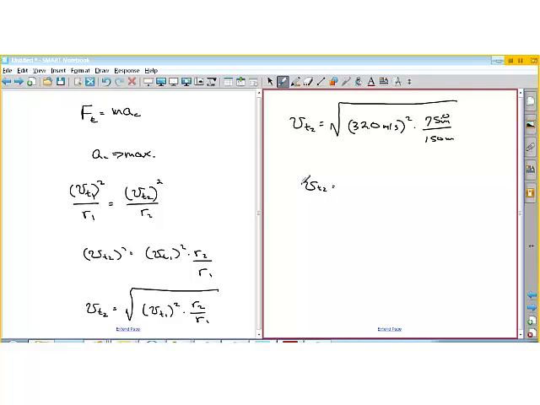It should be smaller, because the tighter the radius, the slower you have to go. So 32 squared times 75 divided by 150, take the square root, and I end up with 22.6 meters per second. Let's check the answer here. That's correct.